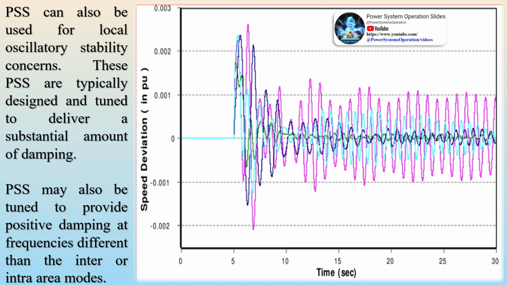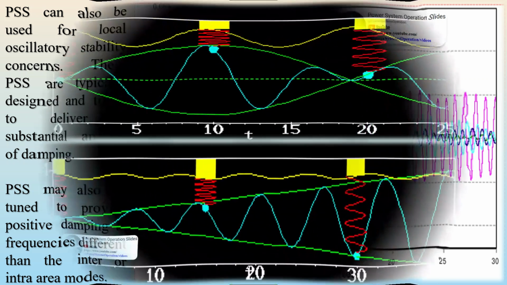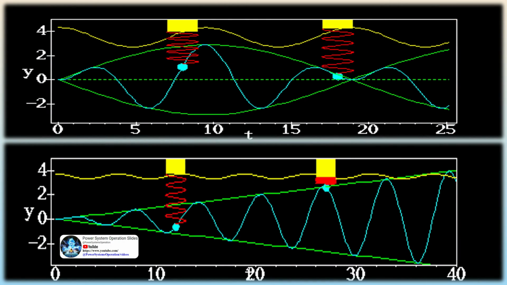With PSS installed, fast excitation systems can perform their job of increasing steady-state and transient stability limits and also help eliminate oscillations. This may prevent oscillatory instability. All units with fast excitation systems should be equipped with well-tuned PSS in these regions. It is important that a large number of units have operational PSS.